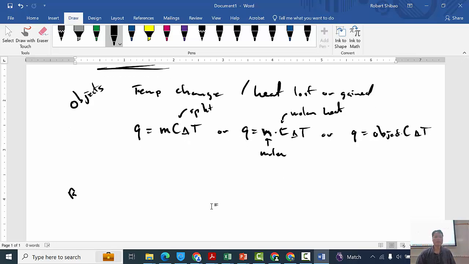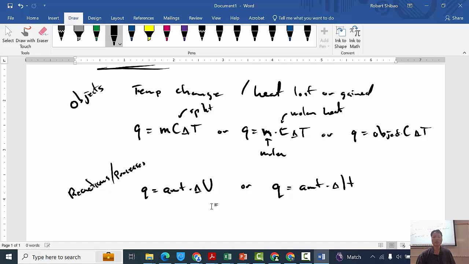For reactions or processes, we look at this. The amount of heat, Q, is going to equal the amount times delta U, or Q is equal to the amount times delta H. Now, this depends on how we do the reaction, and so this is part of the supplemental lecture.